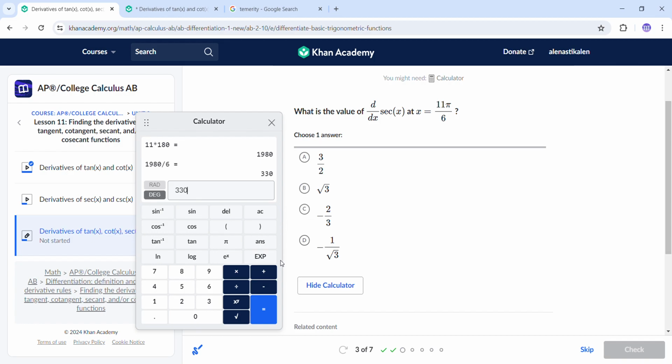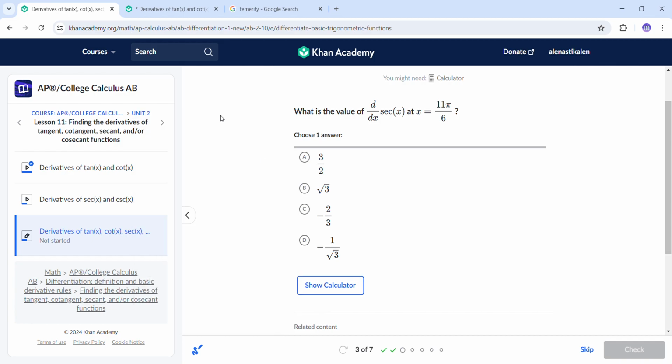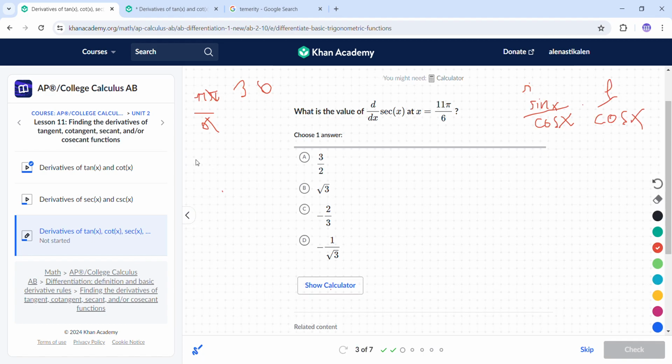Okay, 330 is kind of weird because, I don't know. Wait, it's not weird actually. Hold on, now that I think about it, it should be 360 minus 30, right? Which is what? The sine of that? At 360 as well as 180, it doesn't change. So it's just going to be sine of 30, which is negative 1 over 2.